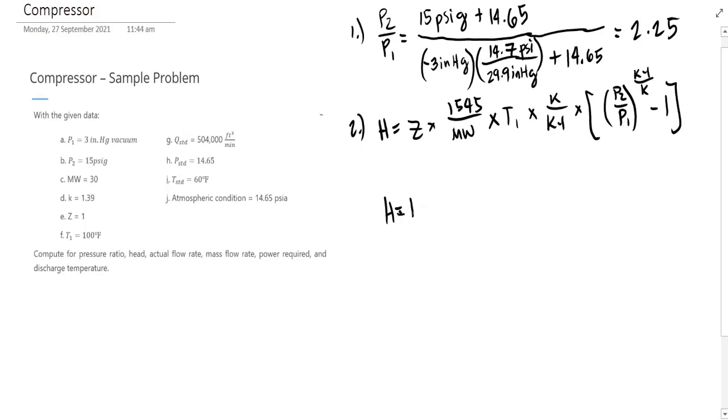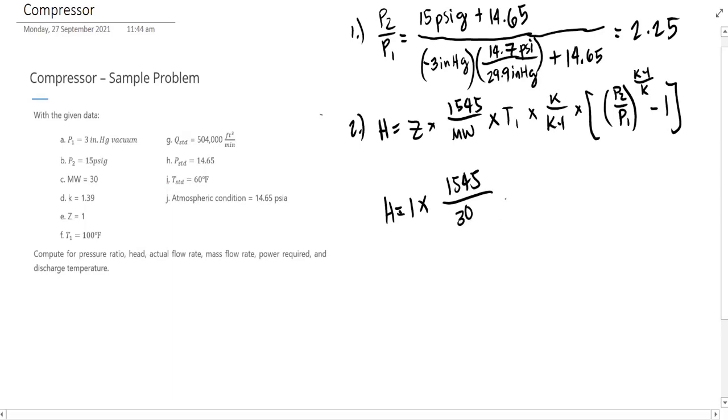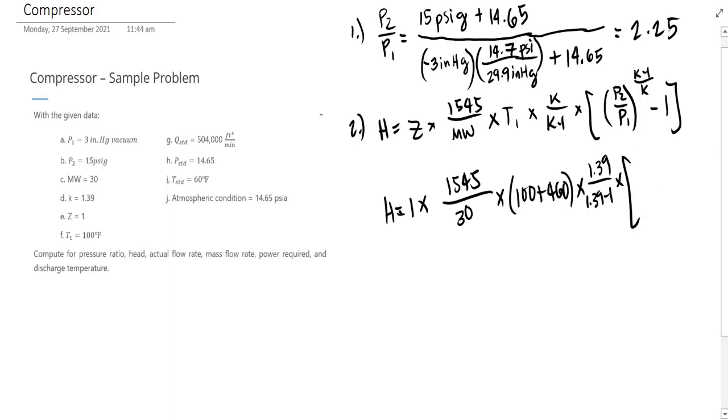So yung Z is 1 times 1545 divided by 30 for air, times yung T1 natin ay 100 degree Fahrenheit. So, convert na natin to Rankine. So, kailangan Rankine yung unit ng temperature. 100 plus 460 times 1.39 over 1.39 minus 1 times pressure ratio, lagyan na natin yung 2.25.